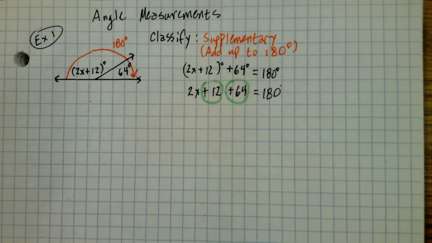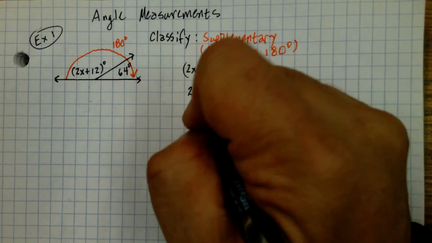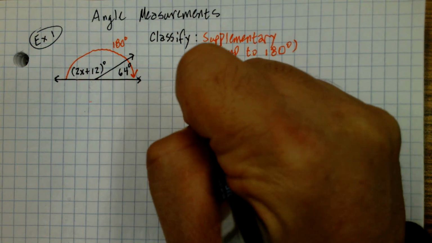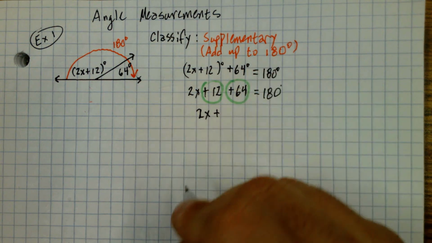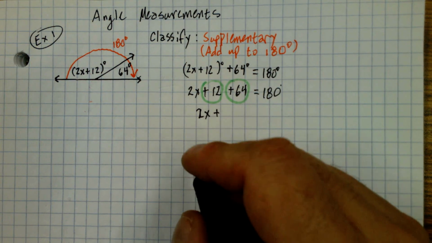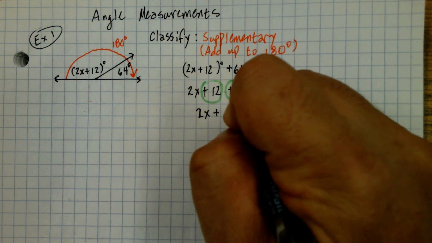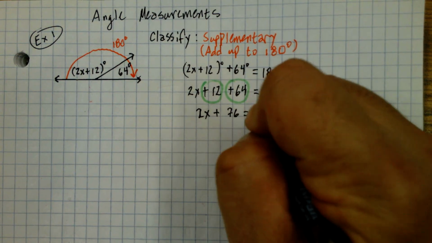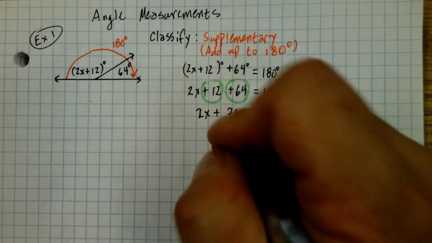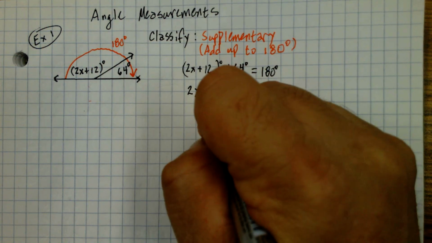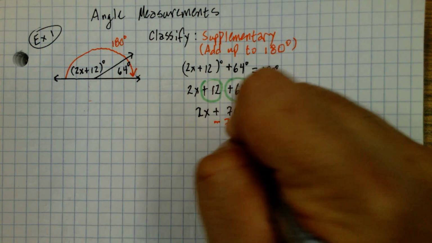So let's add those up together. How much is that? 76. All right, it's just the regular steps we do now to solve an equation. So let's eliminate 76.